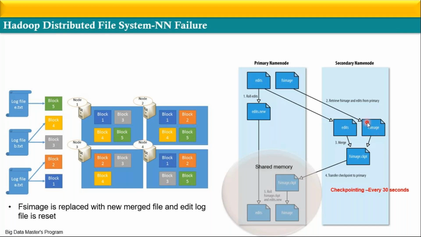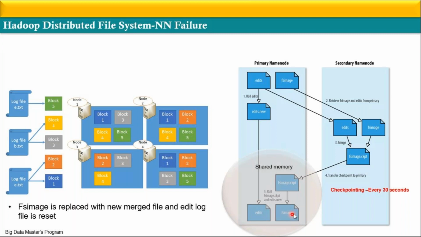Once we have captured this file, what has happened is inside the FS image. So with FS image CKPT, the score is now 168 for 2, and that is given to the shared memory.